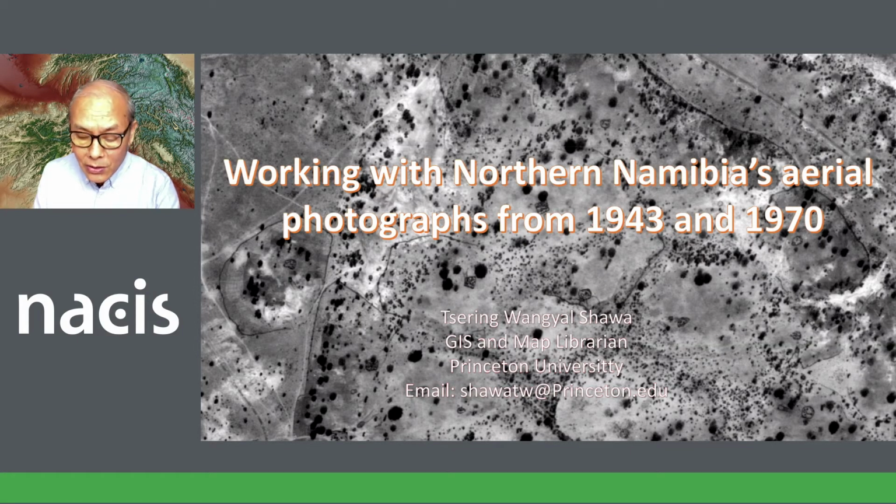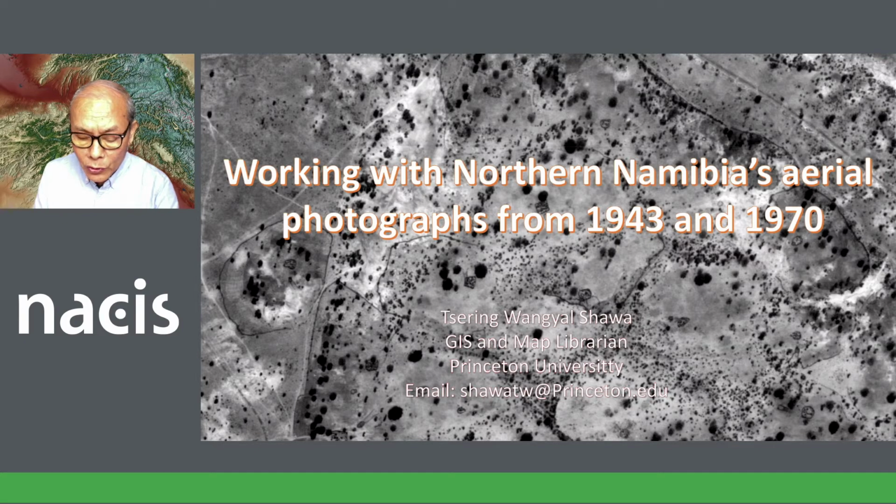Last year, we developed a project and applied for a Princeton University Magic Grant to process the historical aerial photographs of 1943 and the 1970s, and we were given the grant. The main goal of the Magic Grant project is to process all the historical aerial photographs purchased by Professor Kreki, totaling 1,400 aerial photos, and create the orthomosaic images.